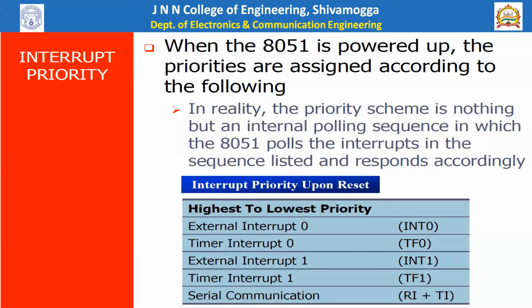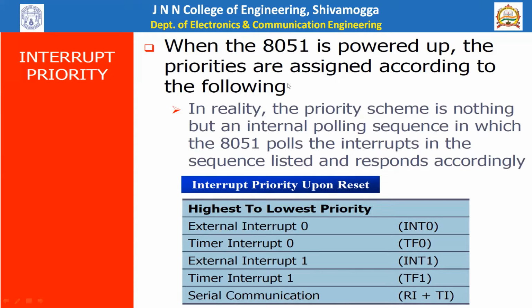External interrupt 0 is highest priority, timer interrupt 0 is next priority, external interrupt 1 is third priority, then comes timer interrupt 1, and the last one is serial communication for both reception and transmission.